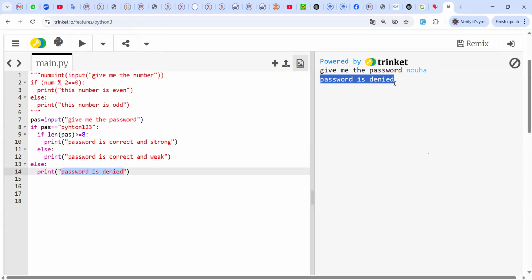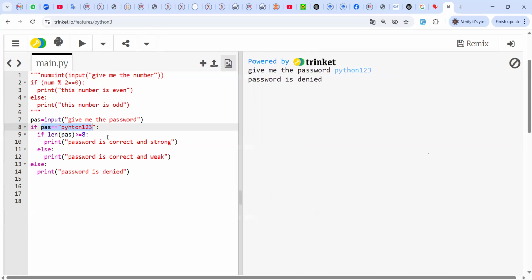Password is denied because Nouha is different than Python 123. Okay, so if we run this again and we give him Python 123, okay, he said password is denied.